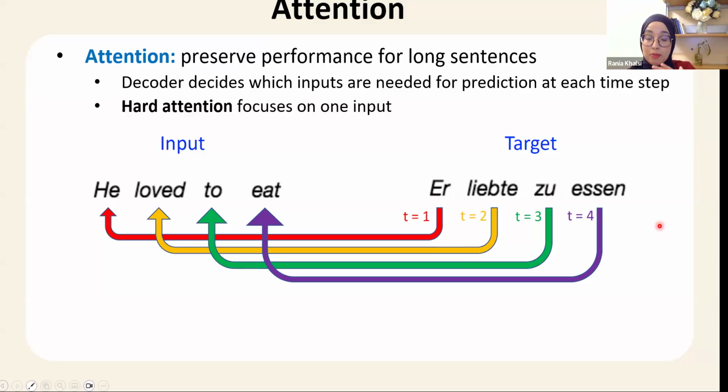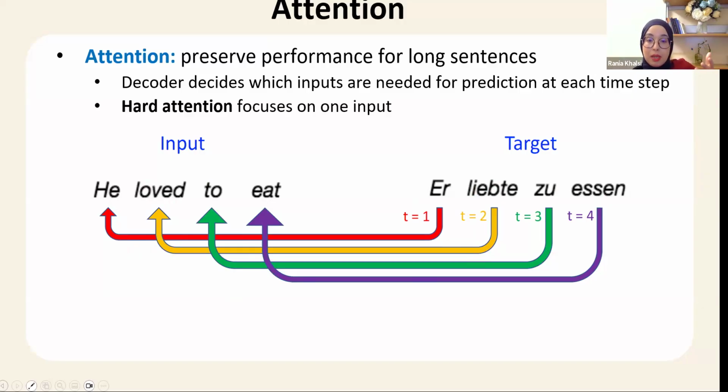So at each time step, what will happen? The model focuses on a particular part of the input. For example, here, first time step, we focus on the first part. Second time step, we focus on the second part. Third time step, the third part. Last time step, the last part.